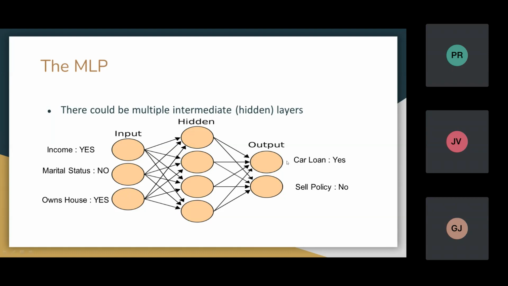The output layer typically will give me an output which says the car loan can be given, the sell policy is no, whether I can sell an insurance premium or not. No, I cannot probably sell an insurance premium, stuff like that. So it can be used primarily to give multiple sets of outcomes based on these particular inputs.